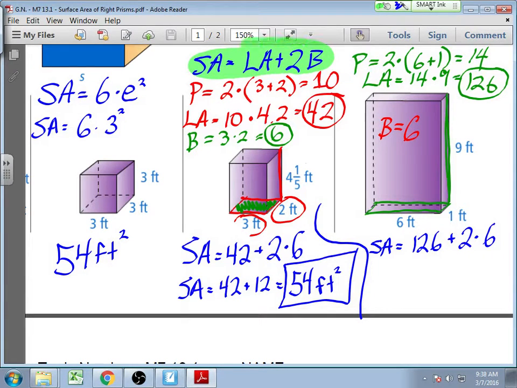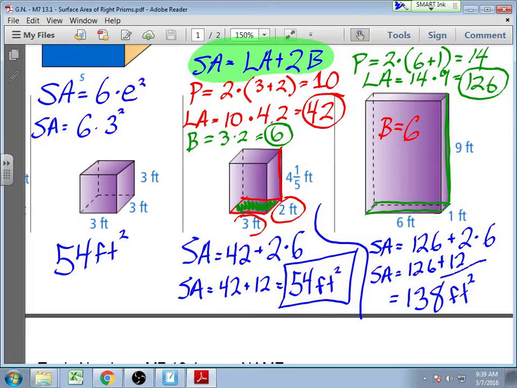Always have the formula that you're using written down somewhere so you can reference back to it. So then 2 times 6 is 12. 126 plus 12 is going to become 138 feet squared. We always got to have the label.